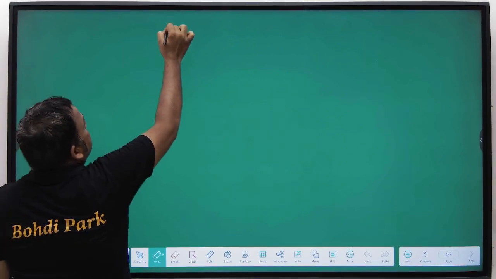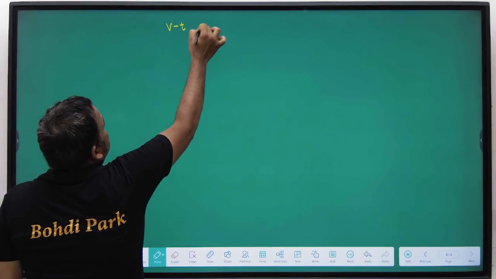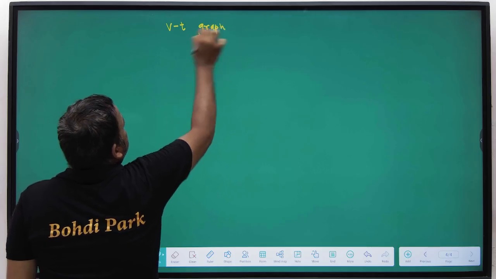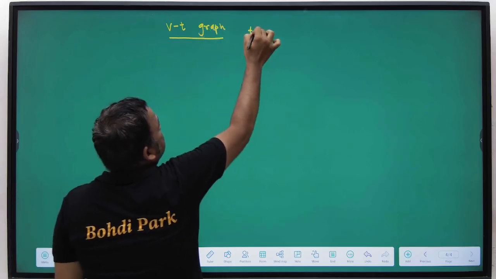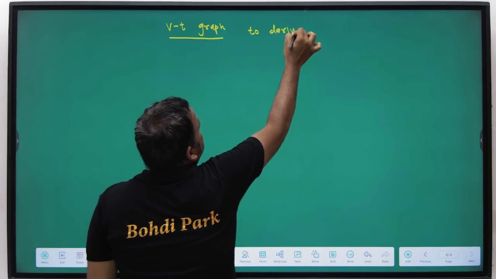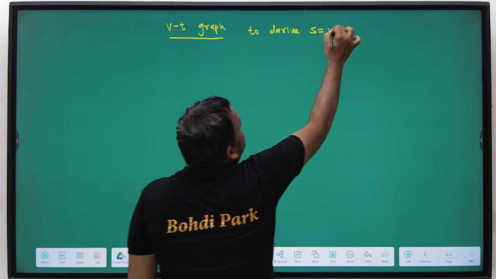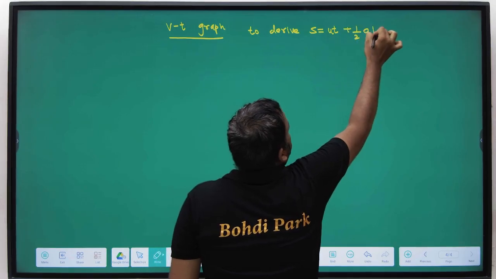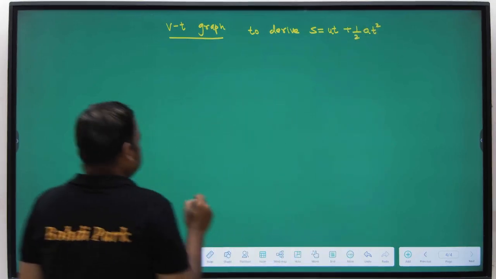We will draw a velocity time graph to derive s is equal to ut plus half at square.